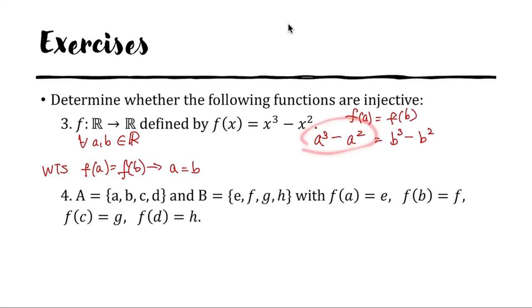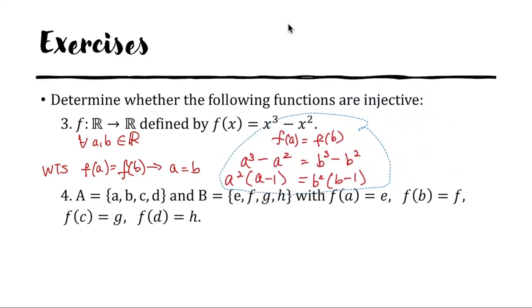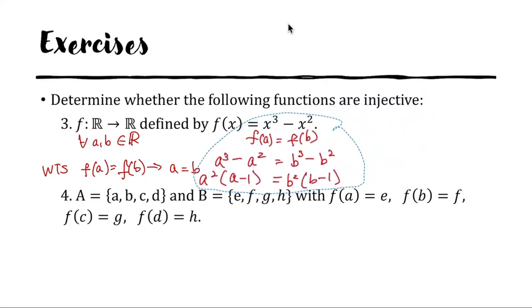So we can maybe take out a squared. So we can have a squared times (a minus 1), and on the right hand side, we can have b squared times (b minus 1). Now, can we conclude that a equals b?